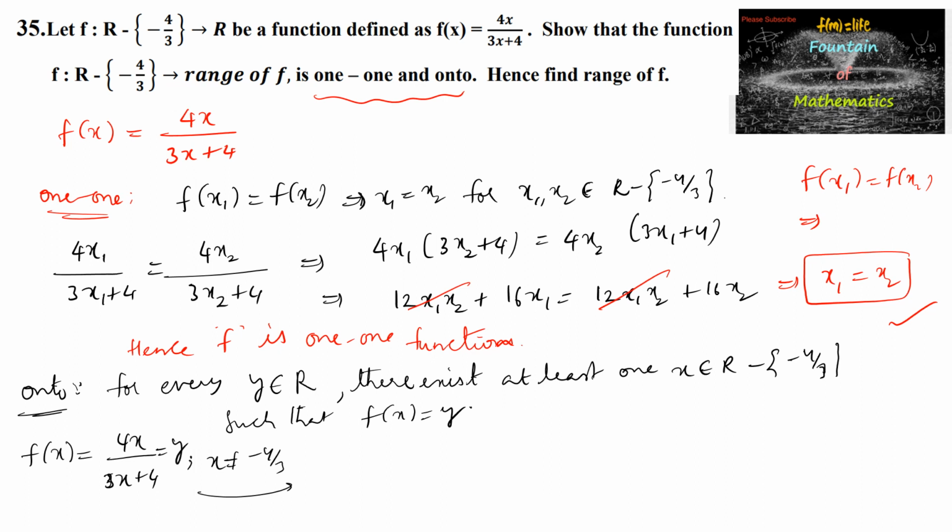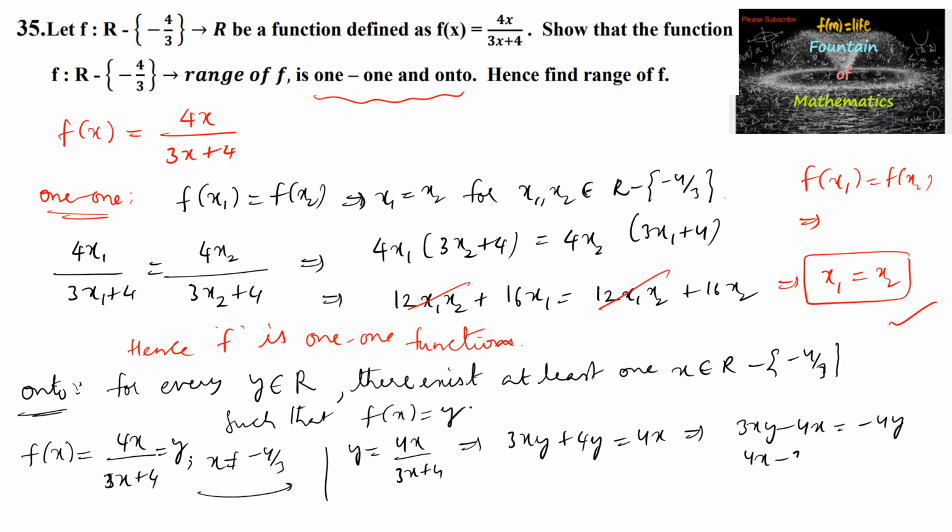Let us consider f of x to be y, so that y is equal to 4x upon 3x plus 4, which implies 3xy plus 4y is equal to 4x, or we can also write 3xy minus 4x is equal to -4y, or we can write 4x minus 3xy is equal to 4y, or taking x common, x times 4 minus 3y is equal to 4y, or x is equal to 4y upon 4 minus 3y.